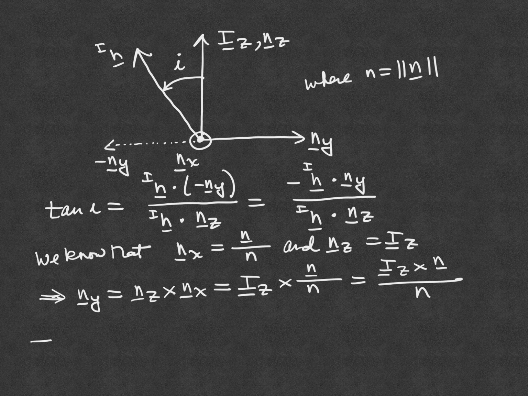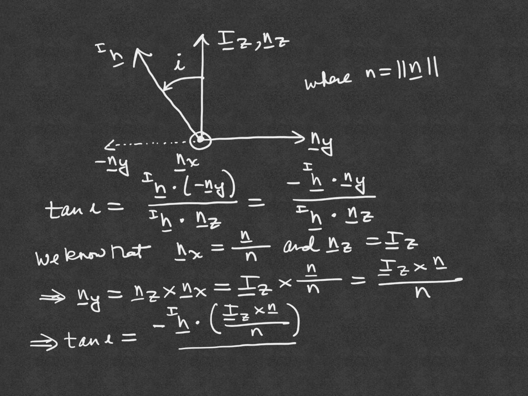From this, we can compute the tangent of the inclination. Let's start substituting. We've got minus hi dotted with ny, but ny is iz crossed with n divided by its magnitude, all divided by the quantity hi dotted with iz. Now I'm going to do two things at once.